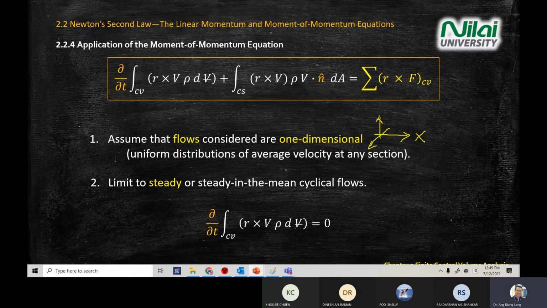If you look at X, then the whole equation is in X. If you look at Y, then all your calculation is in Y. If you look at Z, then all your calculation will be focused on Z. Always, when you write this equation, automatically draw an arrow, write 0, write steady here, because we are assuming steady flow for our equation. These two are very important concepts.